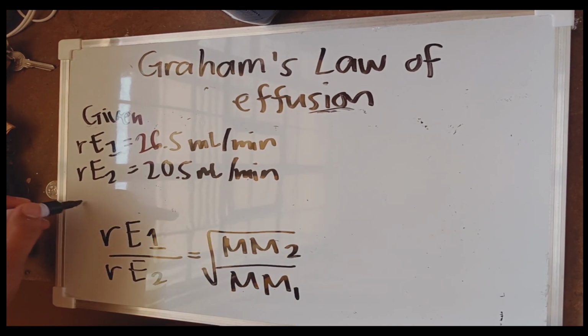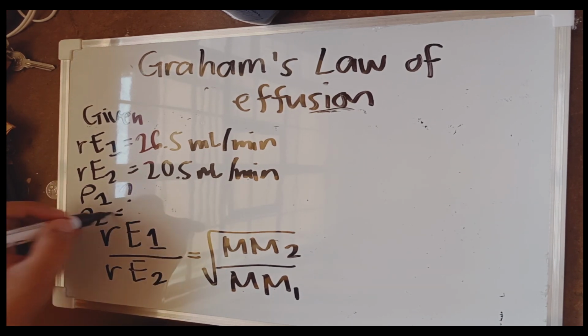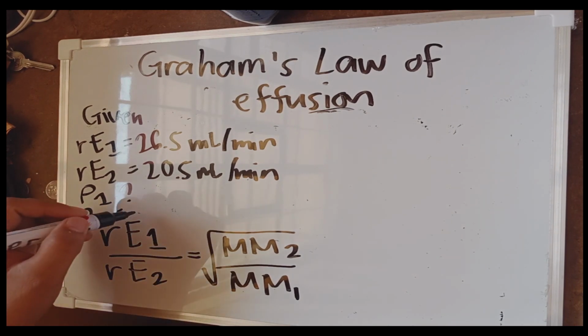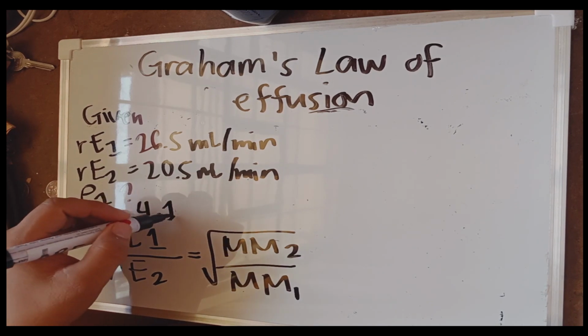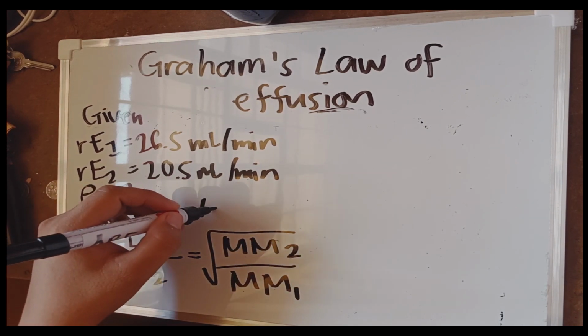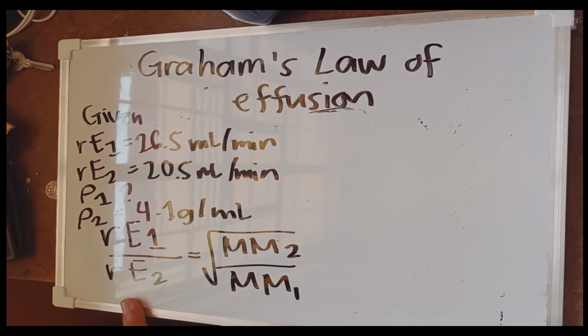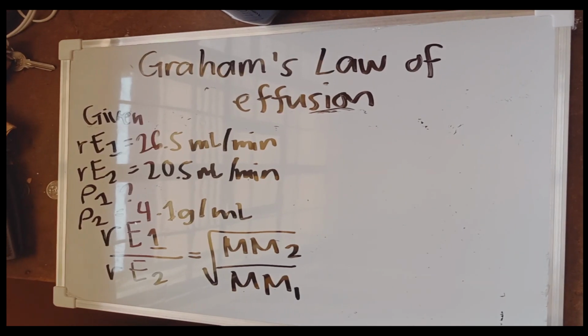So you are asked to get the density 1. Right here, density 1 is being asked, while your density 2 is equal to 4.1 gram per ml, since it is a density. So using this formula, you need to derive the formula, right?